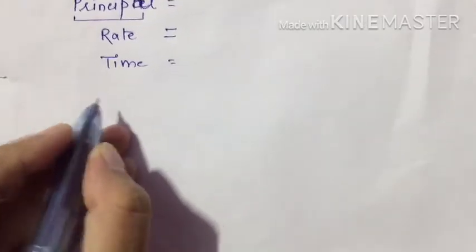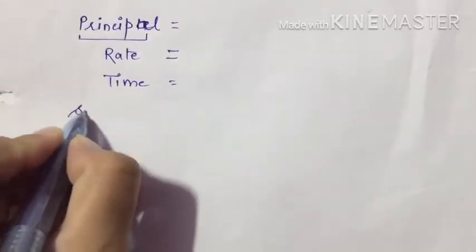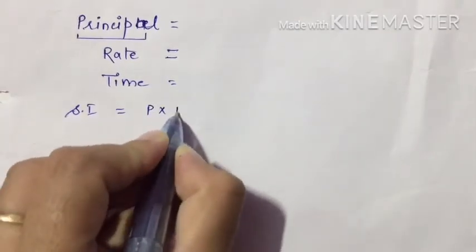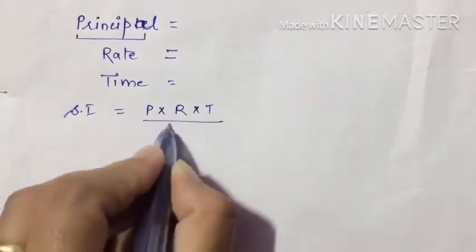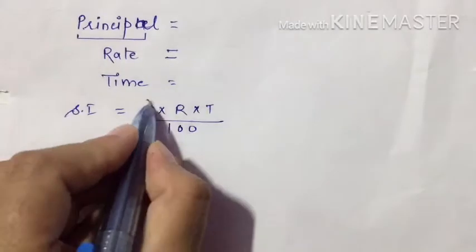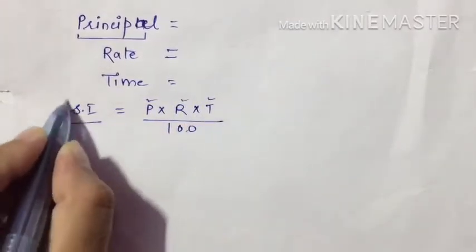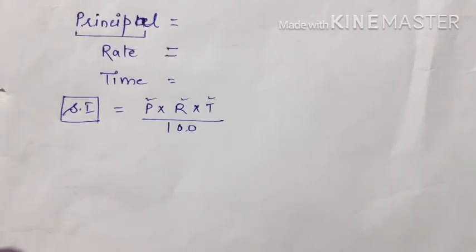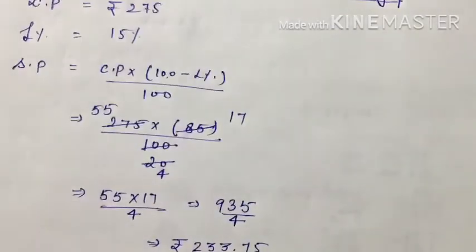If these three things are given and we have to find out the simple interest, how much money I will get from the bank, that is principal into rate into time divided by 100. This is the formula. Principal, rate, time divided by 100, I will get SI. Okay, you should memorize this formula also before doing the remaining questions.